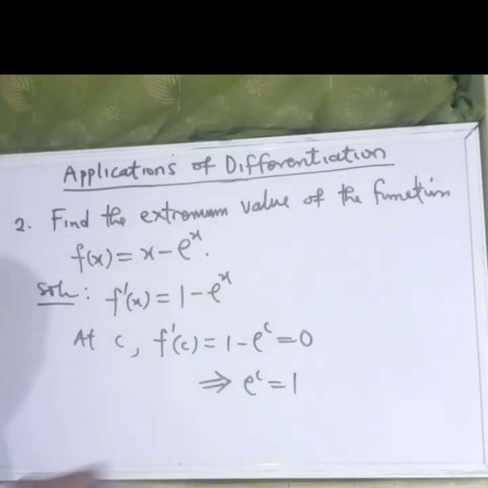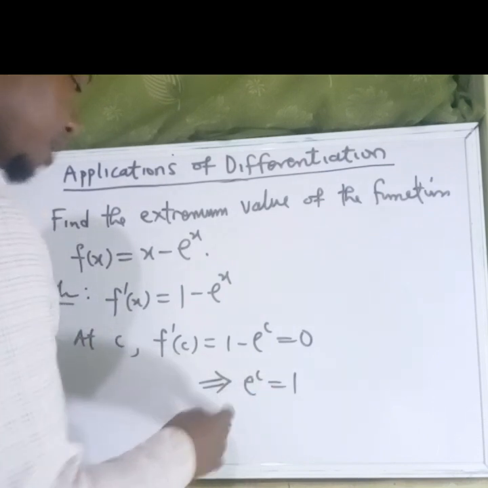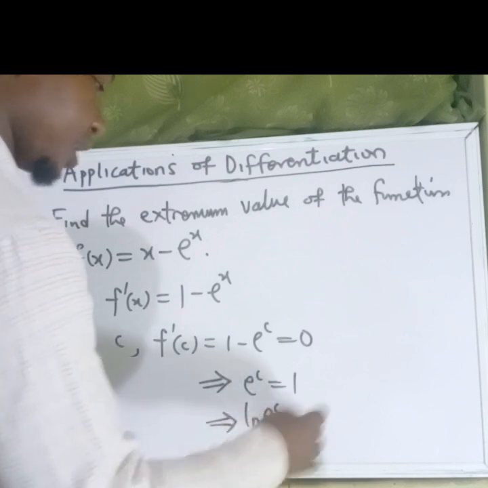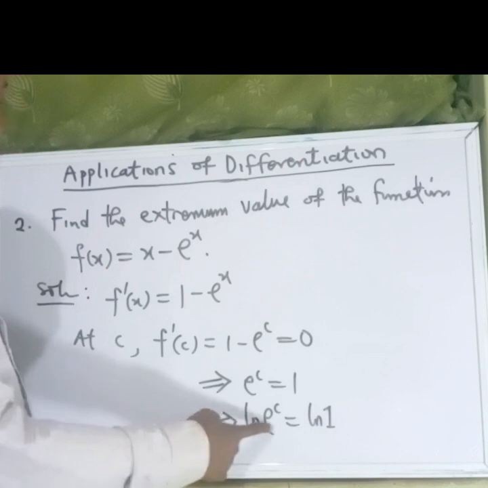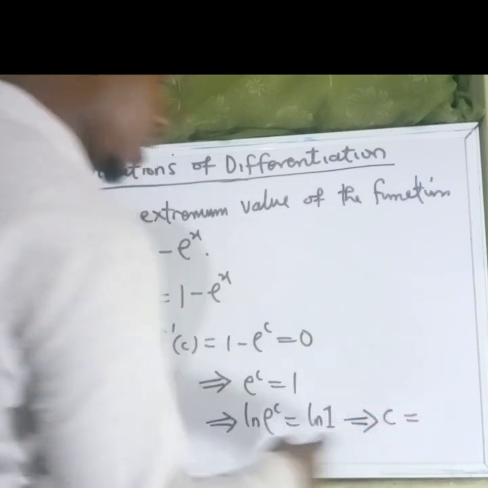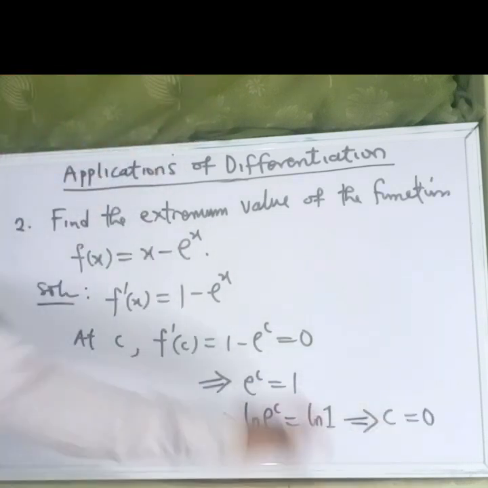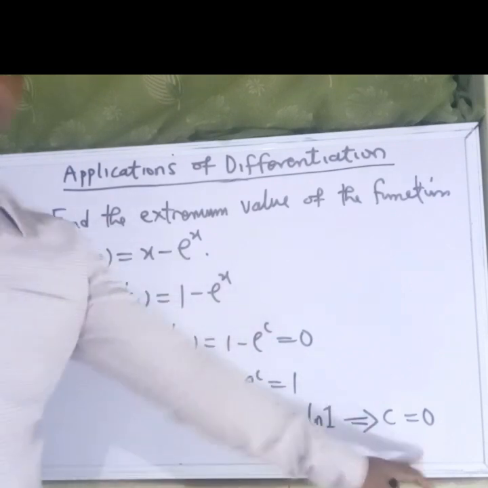By taking the natural logarithm of both sides here, this becomes C, and the natural log of 1 is 0. So the critical point of this function is 0.